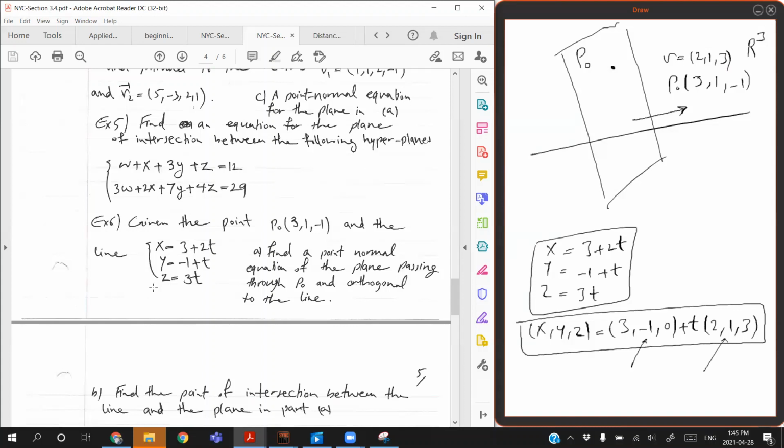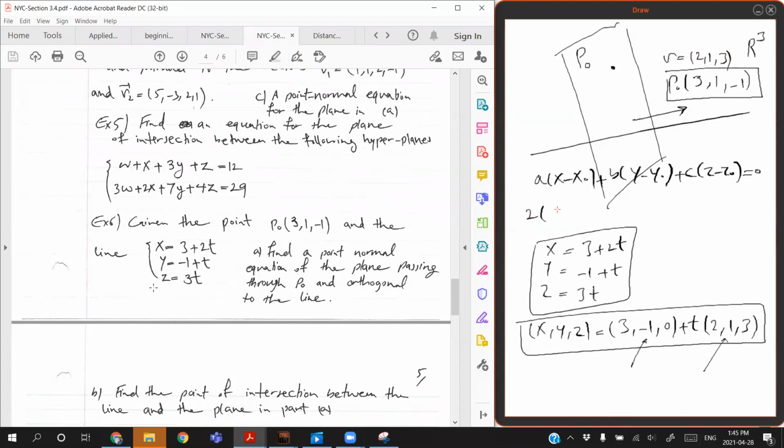So just plug values into the formula: a times x minus x0 plus b times y minus y0 plus c times z minus z0 is equal to 0, using the point for x0, y0, z0, and v as the normal vector.